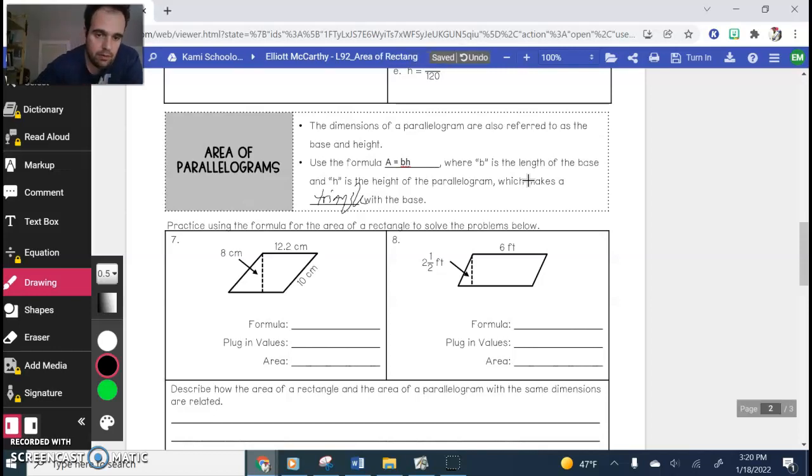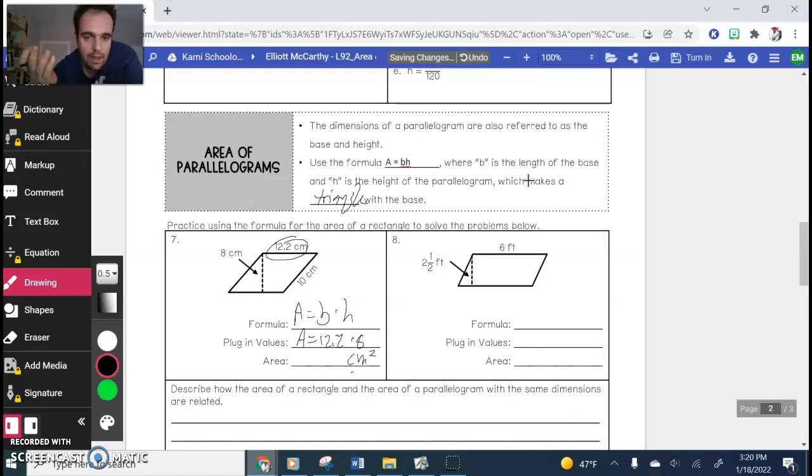So again, we use that formula. Area equals base times height. Again, here we are not going to use that 10. That is a leg, not a height. So you plug in your values. You know that the base here is 12.2 and the height is 8. Again, you'll solve. It'll be in centimeters squared.